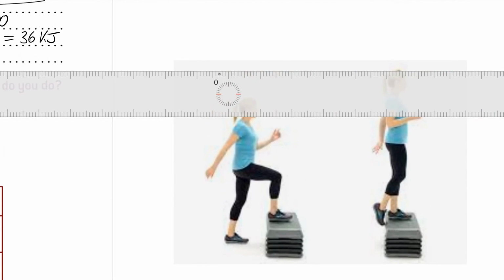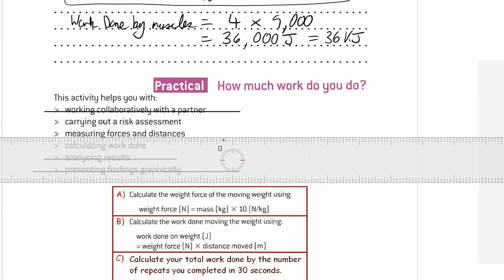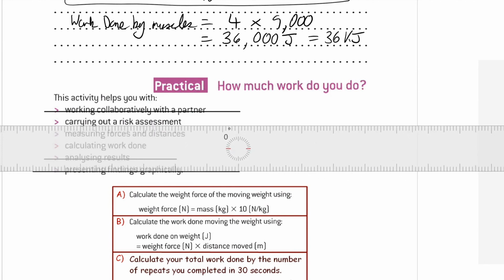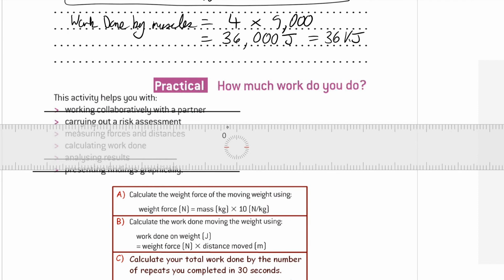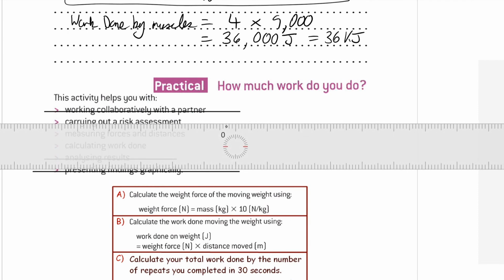Stepping up onto a step, and in 30 seconds working out the work done. So the hazard there will be an unstable step, the risk will be falling off the step, and the control measure you'd put in place would be to check the step is balanced and can take the person's weight.